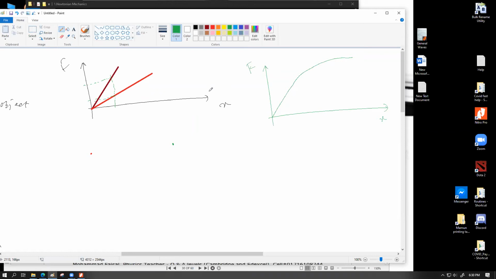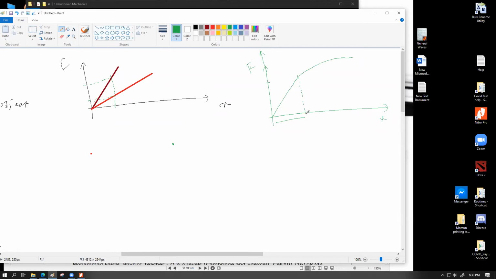Let me elaborate mathematically. Let's assume this is the limit of proportionality. Up to the limit of proportionality, the extension is this much. To extend the object from its natural state to this point, you have to apply this much force.